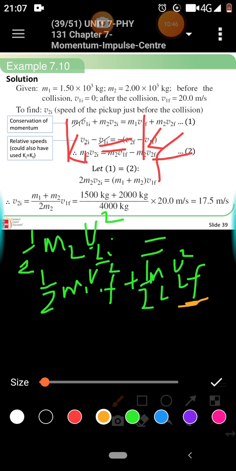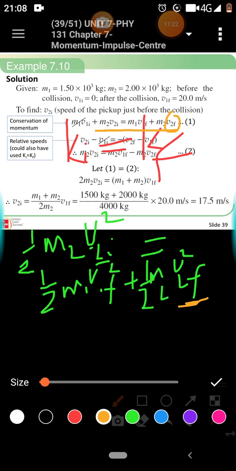We can take this part and make v2 final the subject of the formula, and then square it.